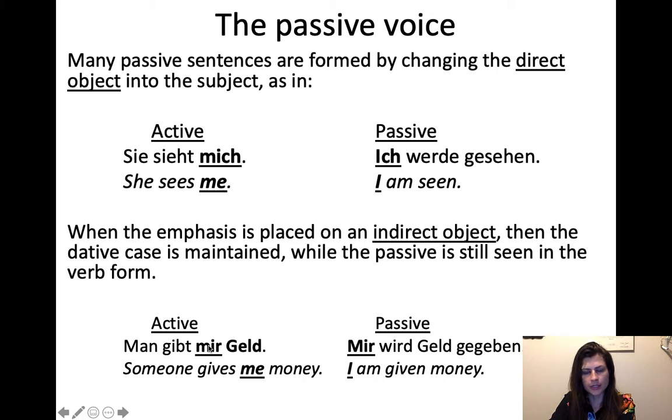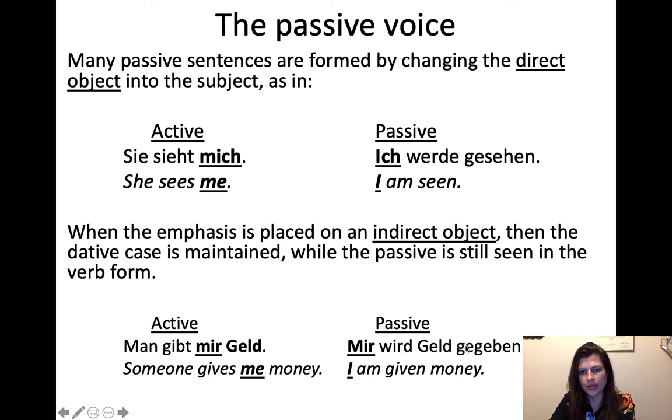So we take the mir and we put it to the front, and you would think if it were the same construction that it would turn into ich, but it doesn't turn into ich. It just stays mir. And then we are changing our verbs to be in the passive. So gibt is very different from wird gegeben, right? So gibt is just normal present tense, active, and then wird gegeben is the passive.